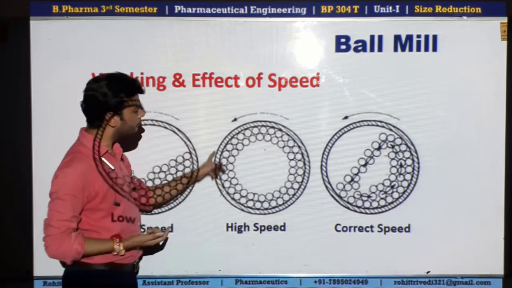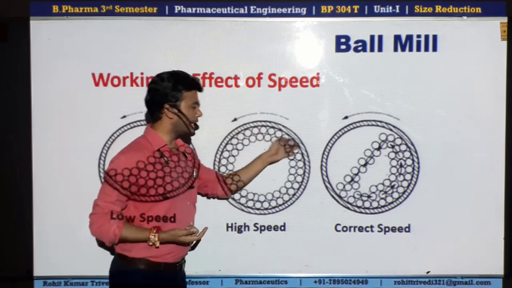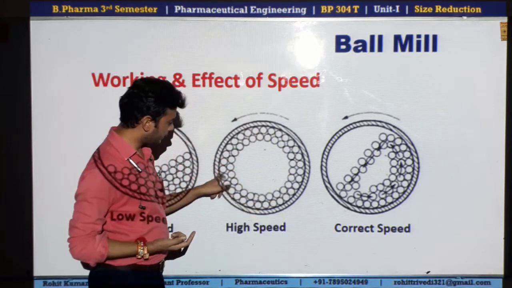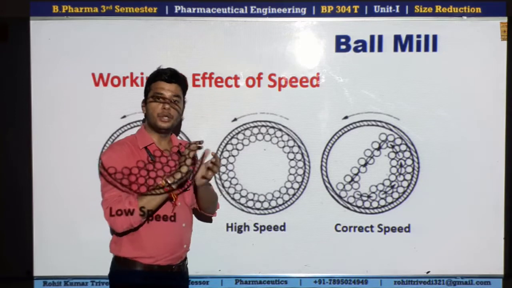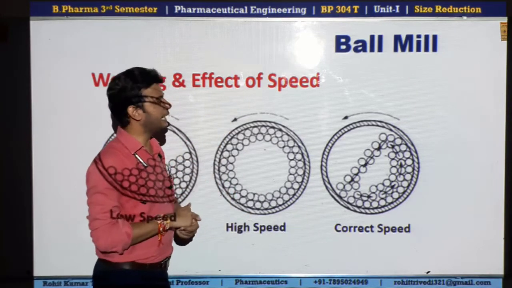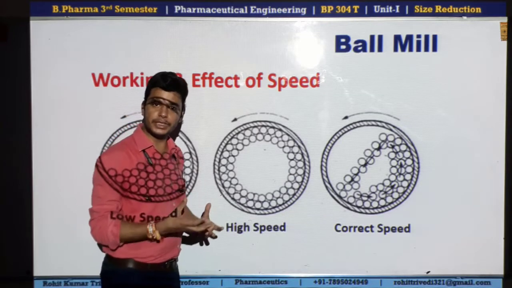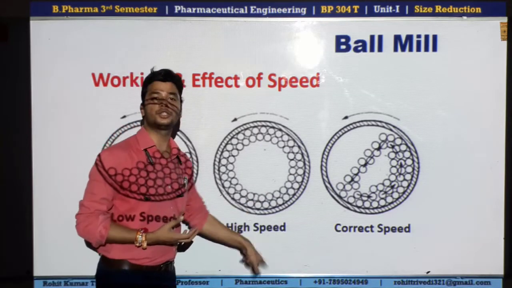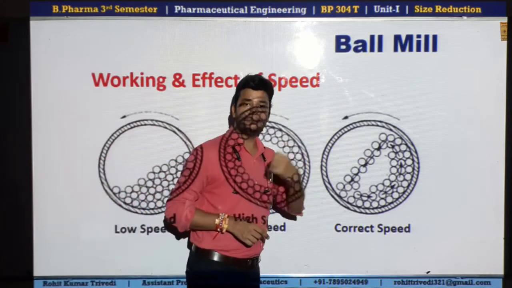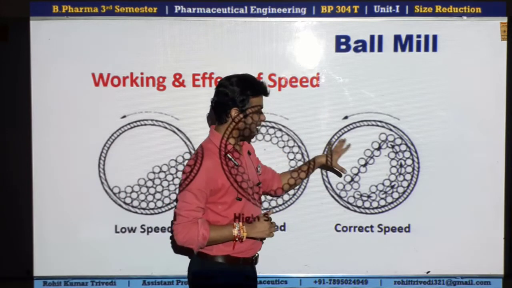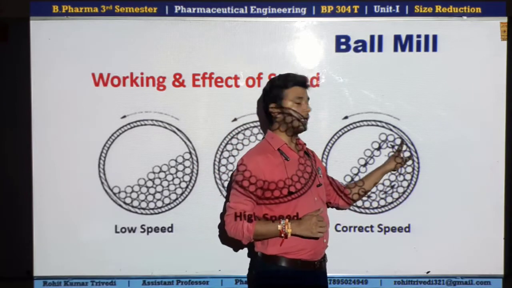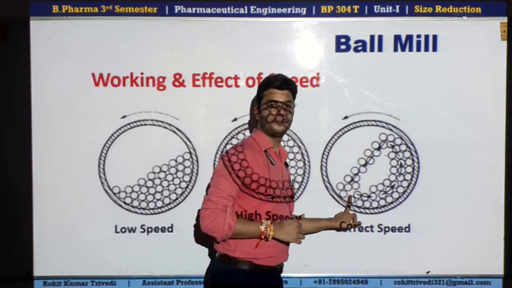Due to centrifugal force, the material with higher weight will adhere to the inner surface of the ball mill, and there will be no movement of the material and the balls, due to which the mill will not be able to reduce the particle size efficiently. So the higher speed is not suitable and the low speed is not suitable. Now, moving to the correct or optimum speed, here you can see the balls are moving up to a certain height and falling down.